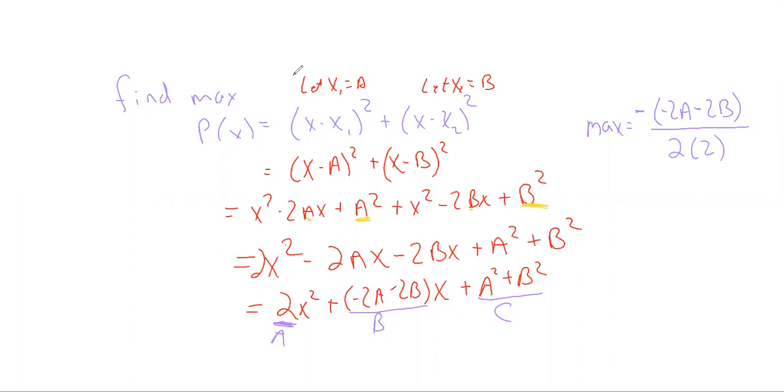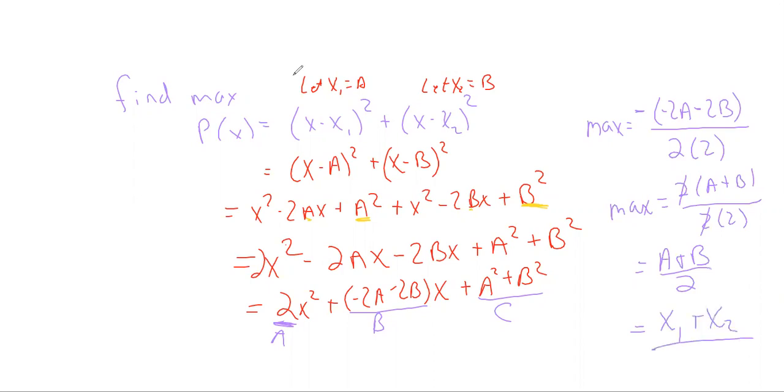Well, I can factor a negative 2 out of there and say the max is now equal to 2 times a plus b, all over 2 times 2. Well, those 2s cancel, and I get a plus b all over 2. Well, remember, we substituted x1 and x2, so the answer is x1 plus x2 all over 2. And that's what's going to give us what we need.